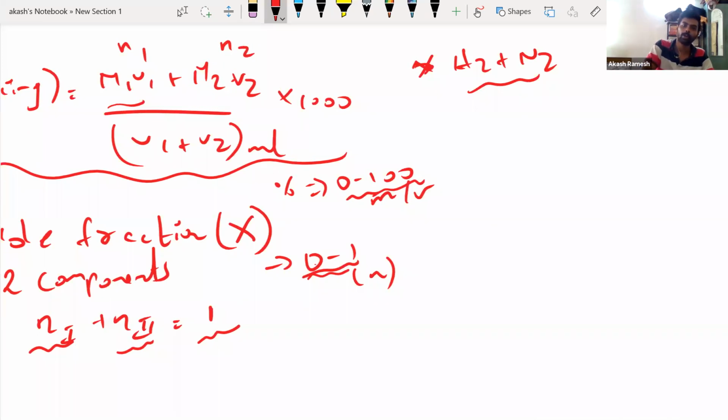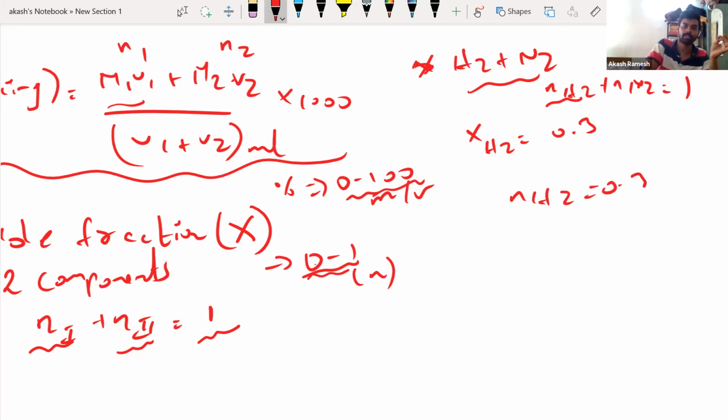Now, if I tell you that X of H2 is 0.3, that means, if number of moles of H2 plus number of moles of N2 is 1, in that the number of moles of H2 is 0.3. That's what it means. And obviously, you know what will be the number of moles of the other one. Number of moles of the other one will be how much?